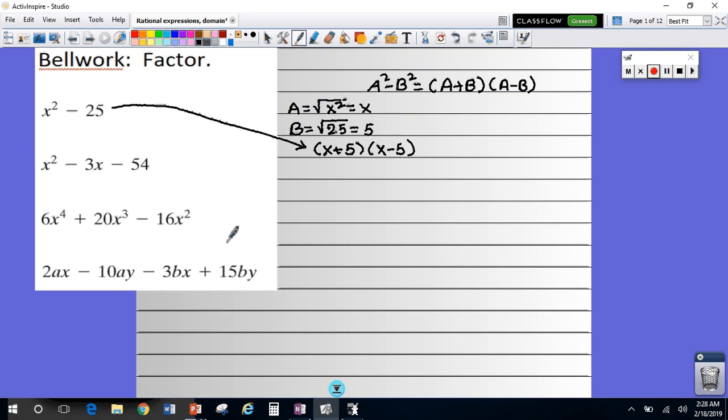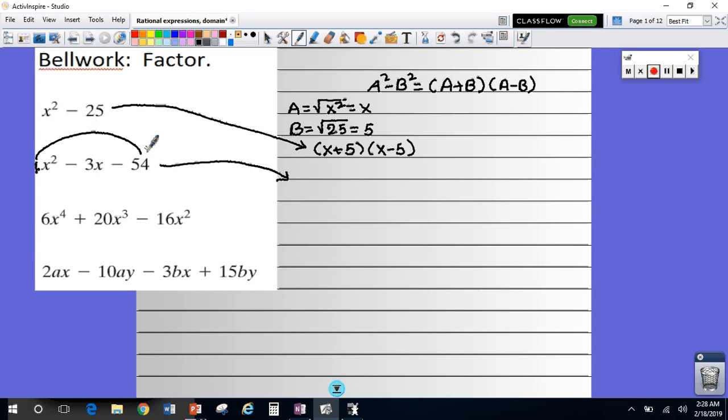That is one way of finding the factors. The second one is a quadratic expression. So we can find the factors for the quadratic expression by finding the factors. Here your a is 1.